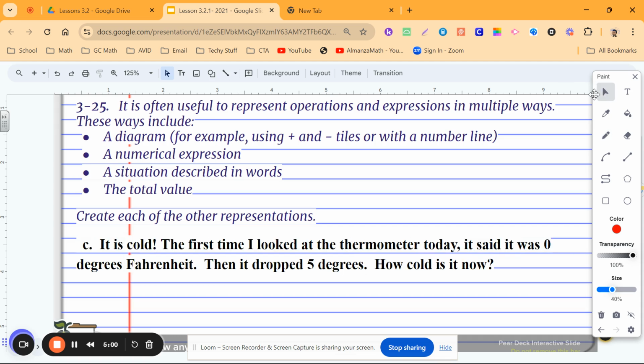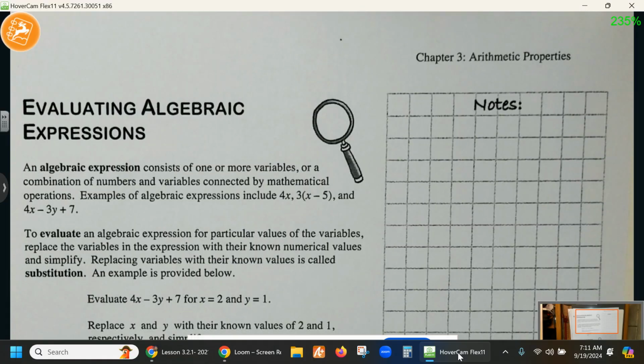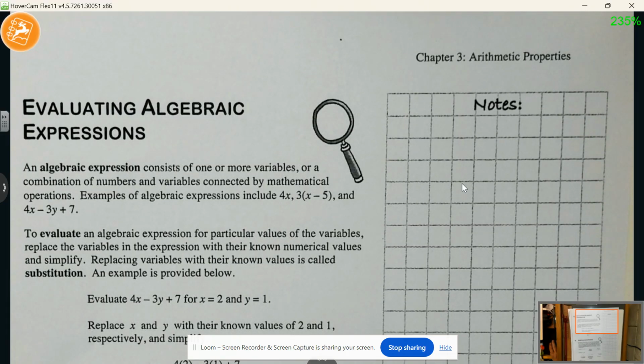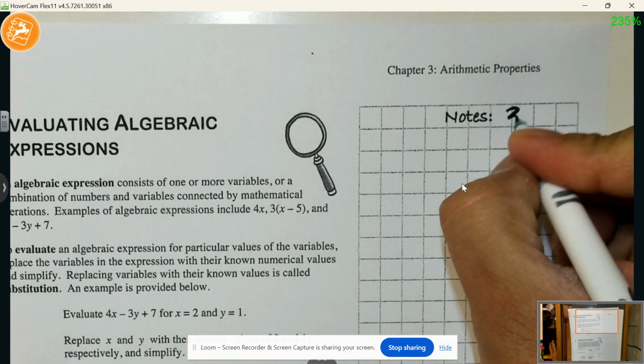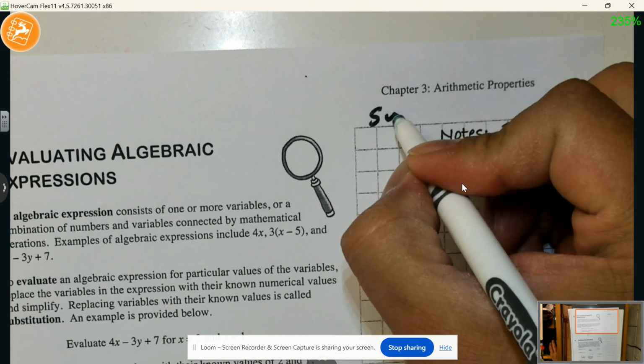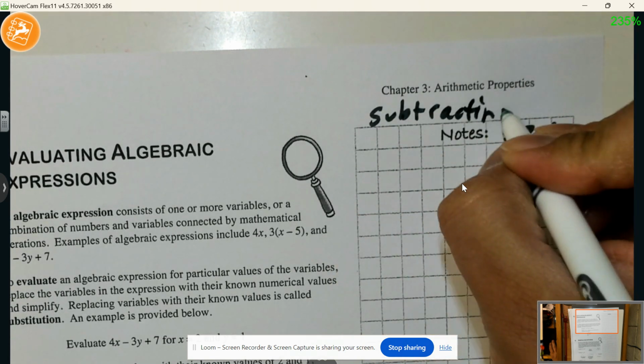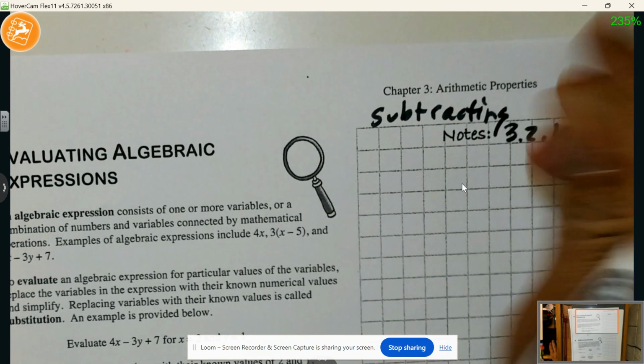So now we're going to look at different problems here, but first just kind of go over the steps when we are subtracting. What are the things that we need to look for? What are the things we need to keep in mind? Okay, so this is 3, 2, 1, subtracting integers.